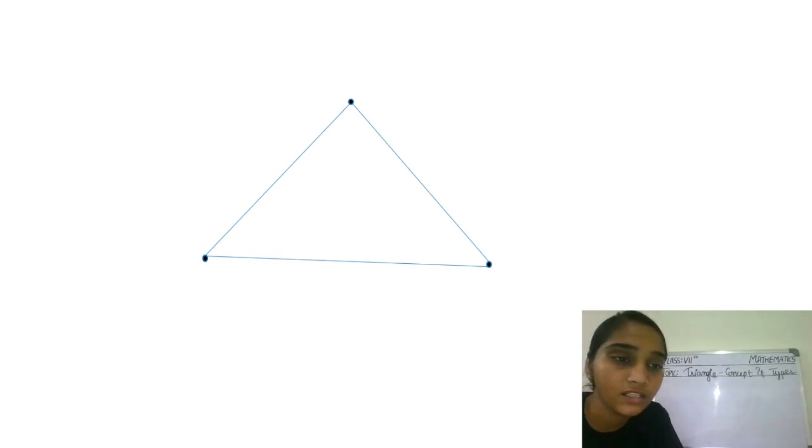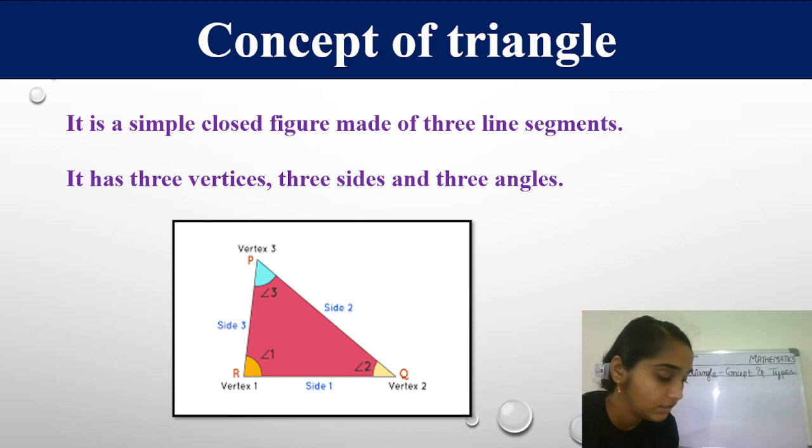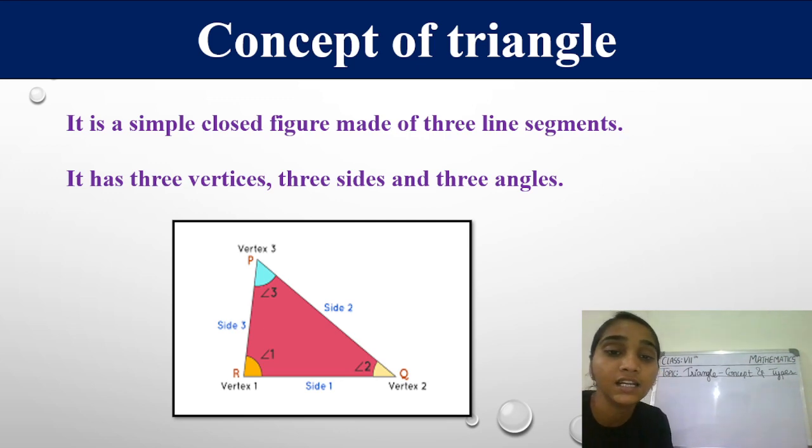So what is the concept of a triangle? It is a simple closed figure made up of three line segments. We have joined the three line segments, got the three sides, and a simple closed figure. It also has three vertices, three sides and three angles.